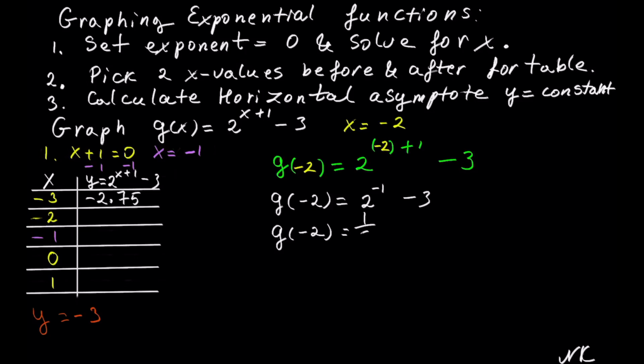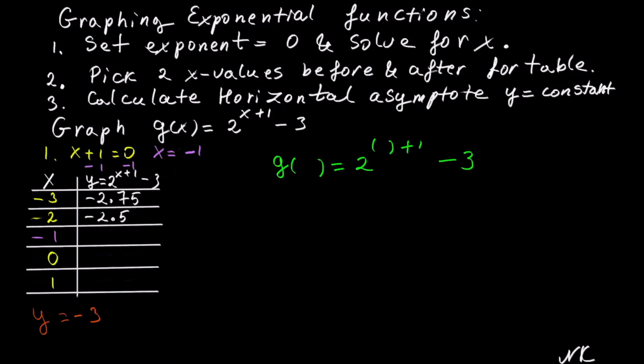So we have 1/2 minus 3. Difference will be negative because we have more negatives, and 3 minus a half gives us 2 1/2. Since it's easier to plot decimals on a graph, this is equal to -2.5.